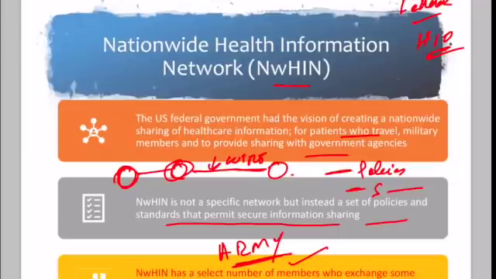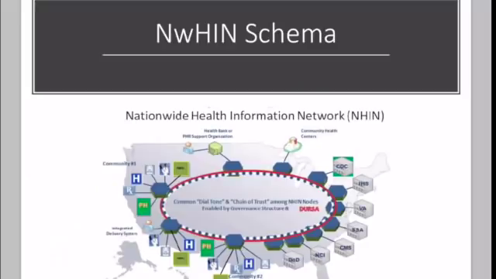If we look at the schema, meaning the architecture, of how NWHIN looks, you can see we have different organizations. This is community one, community two. In community one we have a pharmacy, doctors, hospitals, and some labs, and the same with community two. Then we have the Department of Defense, different federal-level agencies, VA, IHS, CDC, and other organizations.